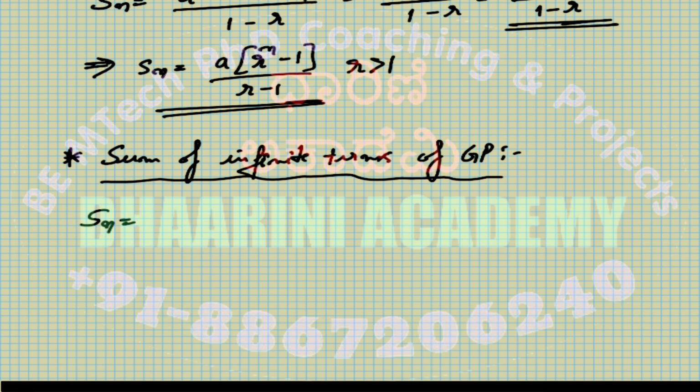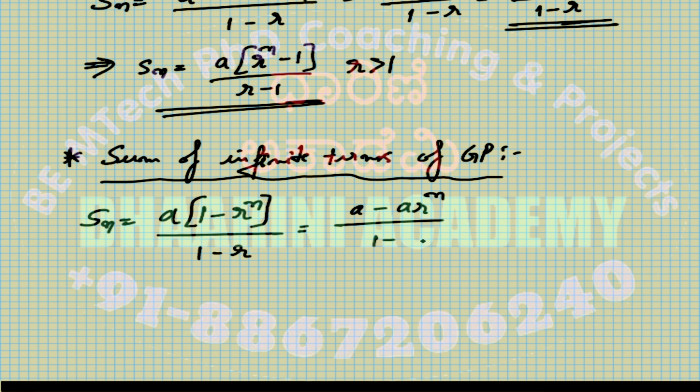Sn is equal to a into 1 minus r to the n divided by 1 minus r. Okay, so I can rewrite this as a minus a into r to the n divided by 1 minus r, which can be further divided as a by 1 minus r minus a into r to the n divided by 1 minus r.